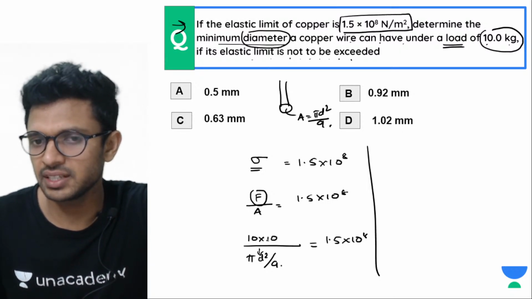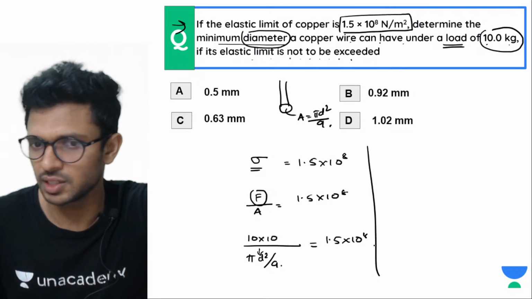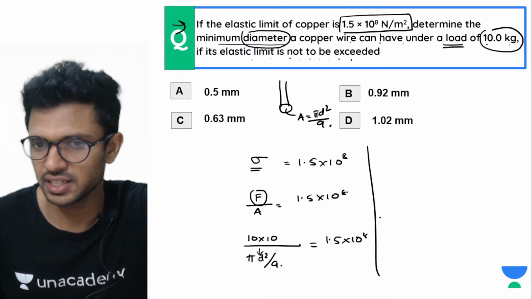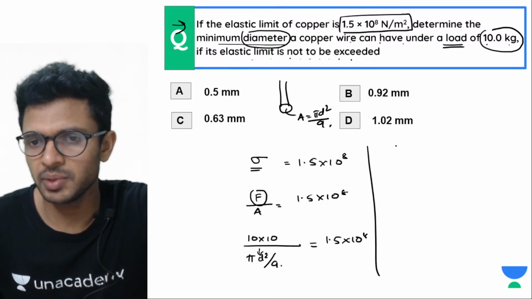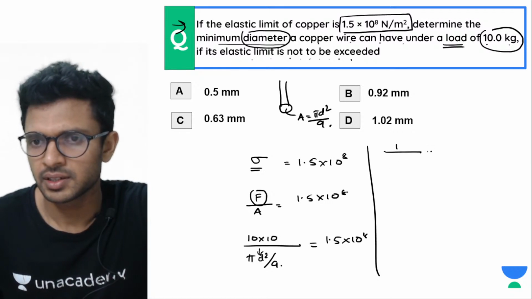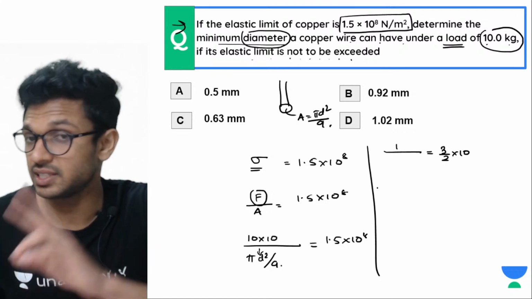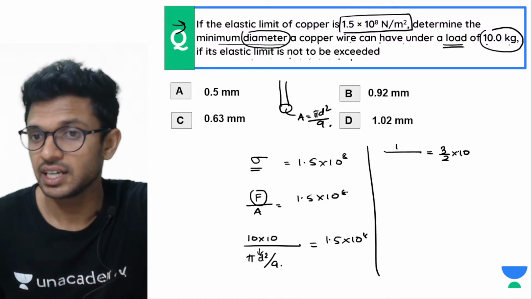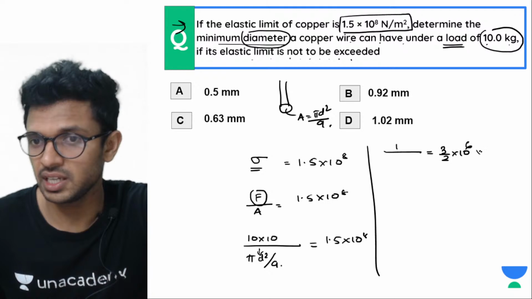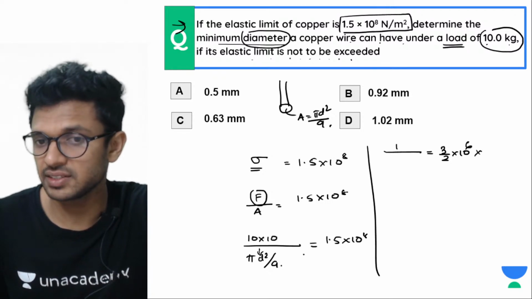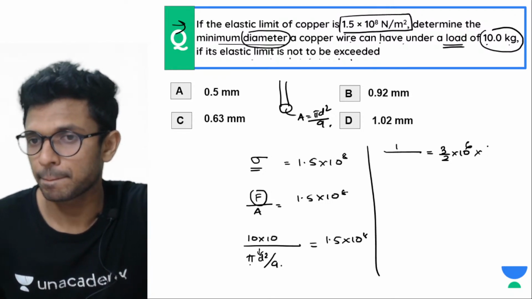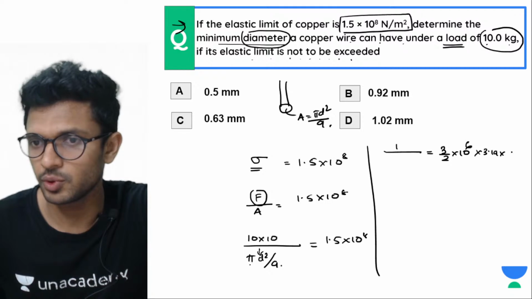So from 10 power 8, this 10 power 2 is removed, what happens? 10 power 6 remains. So this will be 1 divided by 1.5, into 10 power 6. Then cross multiply this to the right hand side, pi 3.14 d square the whole divided by 4.